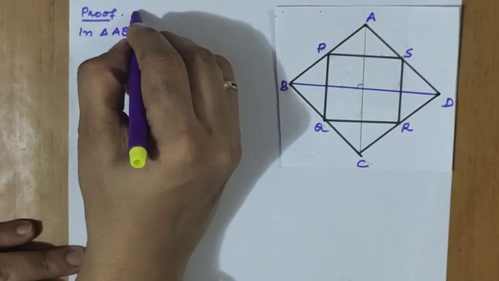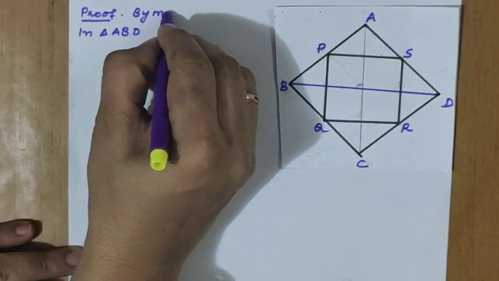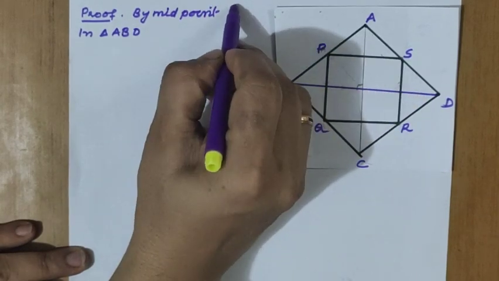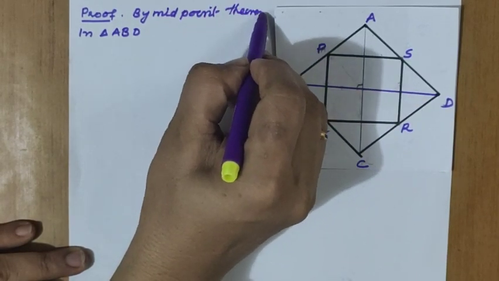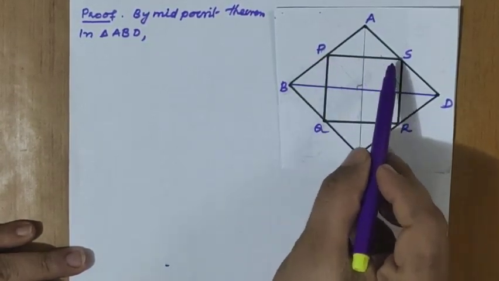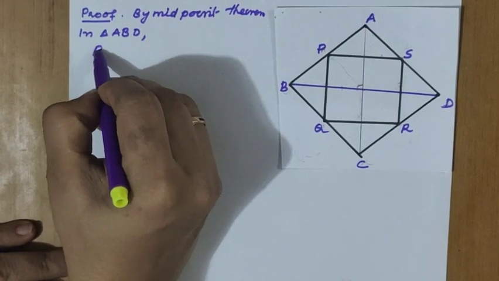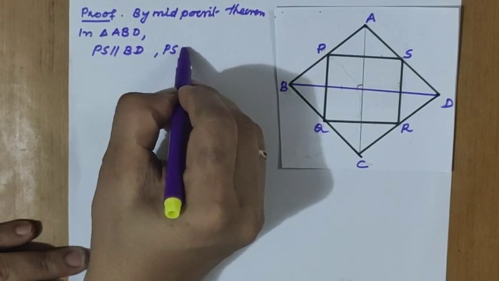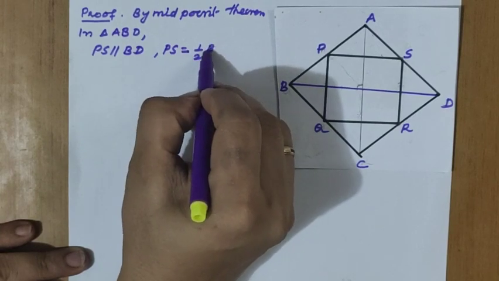So I'll write here, by midpoint theorem first only. The midpoint theorem only we are using. By midpoint theorem, in triangle ABD, the midpoint line segment there is PS. PS parallel to BD, PS equal to half BD.